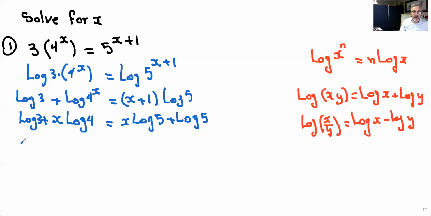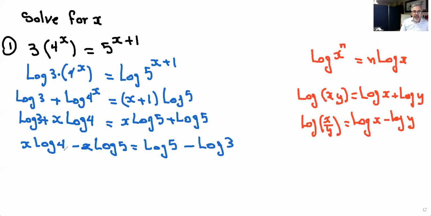So I'm going to keep the x log 4 on the left side, and then I'm bringing the x log 5 to the left side, so it's going to change to minus. And I'm keeping the log 5 on the right side of the equal sign, and I'm moving the log 3 to this side, so therefore it becomes minus log 3.